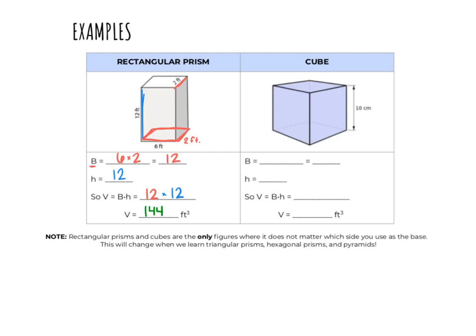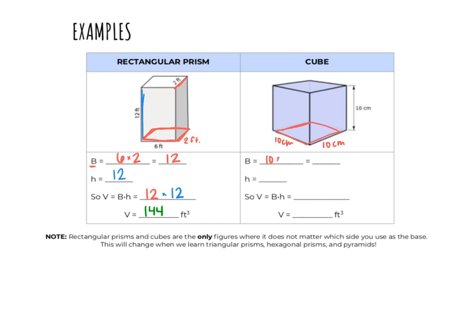Now let's look at the cube. You might originally think that there's not enough information because it only gives you one side. But the special part about a cube is that every side is the same. So every side on this cube would be 10 centimeters. So if I start by finding the area of the base, I'm going to use this bottom square here.